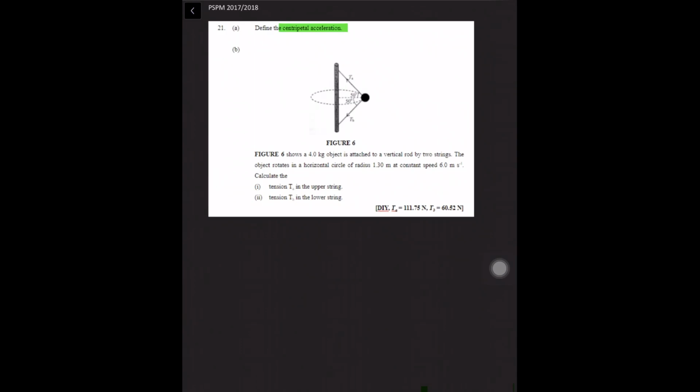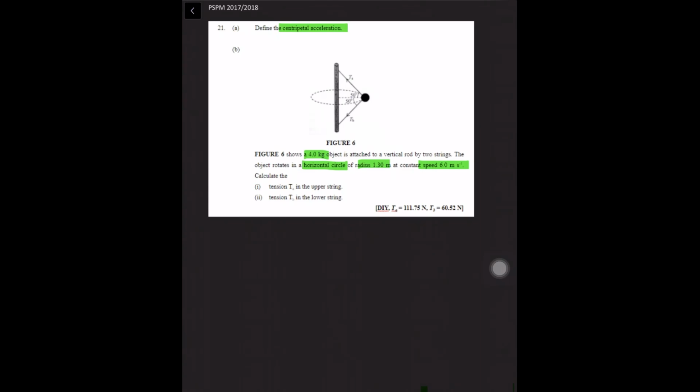Question B. Figure 6 shows a 4 kg object attached to a vertical rod by 2 strings. So we have the upper and lower strings. The object rotates in a horizontal circle of radius 1.3 meters at a constant speed of 6 meters per second.